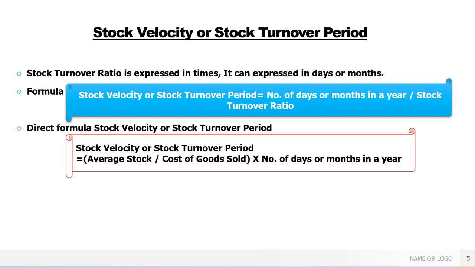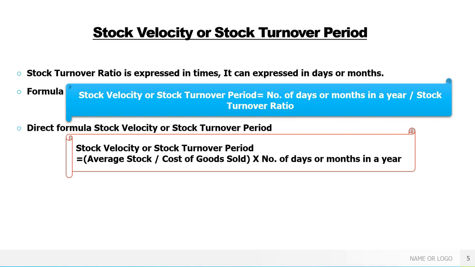We can also apply a formula directly from the main equation. For that, we make use of this formula: stock velocity or stock turnover period is equal to average stock divided by cost of goods sold, into number of days or months in a year.